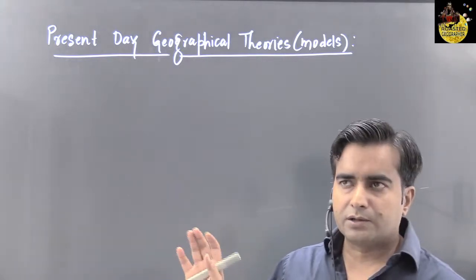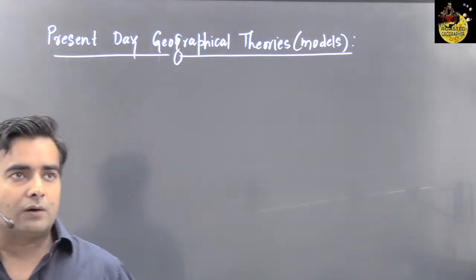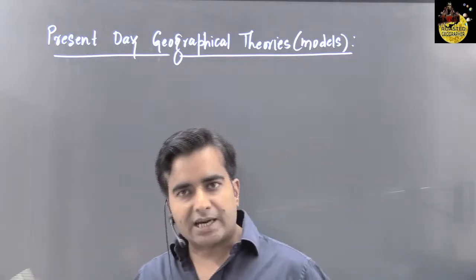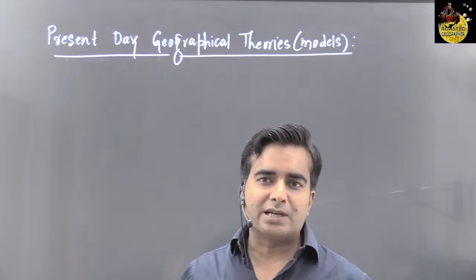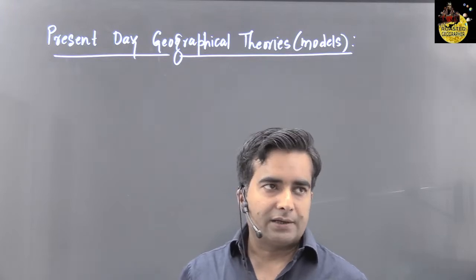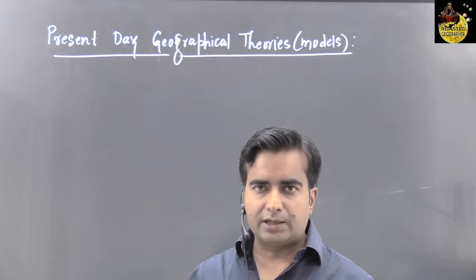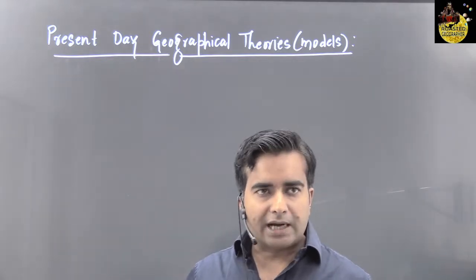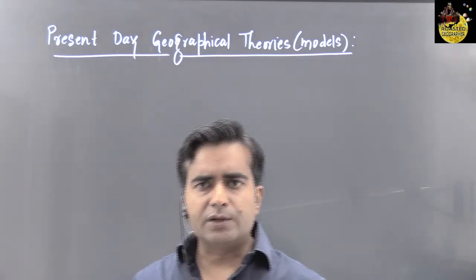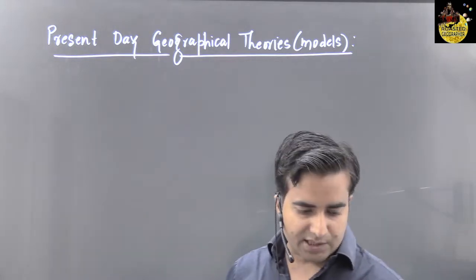If there is a direct question on theories and models, because you will see a 60 mark question was there: write a note on the theories and models in geography. Some people wrote any 4 theories of their choice, and those who did that probably did not get selected that year. In recent times they are not asking, but when you are supposed to write a note on theories and models in geography, then you have to write how theory is formulated, what the different theories and kinds are. You cannot simply put the theories without discussing this aspect, though you can use all of them.